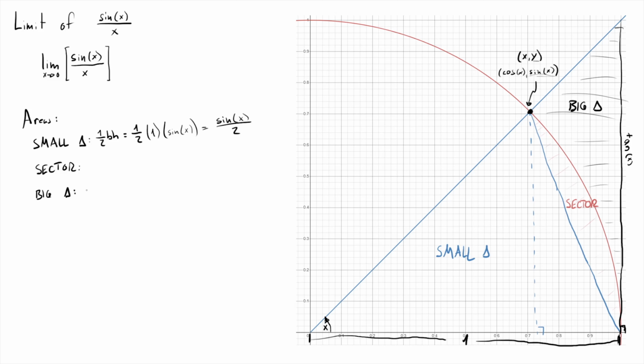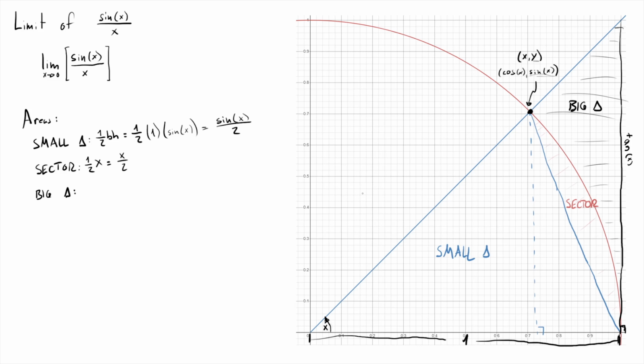Okay? What about the area of the sector? Well, let's take a look. If you don't know the equation for the area of a sector, it's pretty simple. It's just 1/2, and then it's multiplied by whatever this angle is. In this case, our angle is x. So it's just 1/2 x, which we can just simplify to x divided by 2.